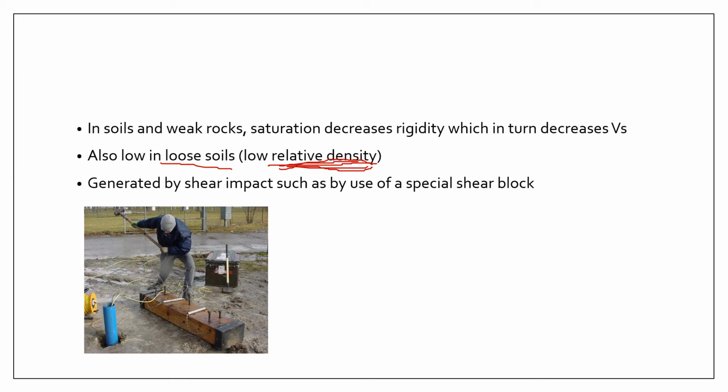Now, generating a shear wave is quite complicated. You need to introduce a shear deformation to the ground. What you have here in the photo is a shear block, and you have a hammer.